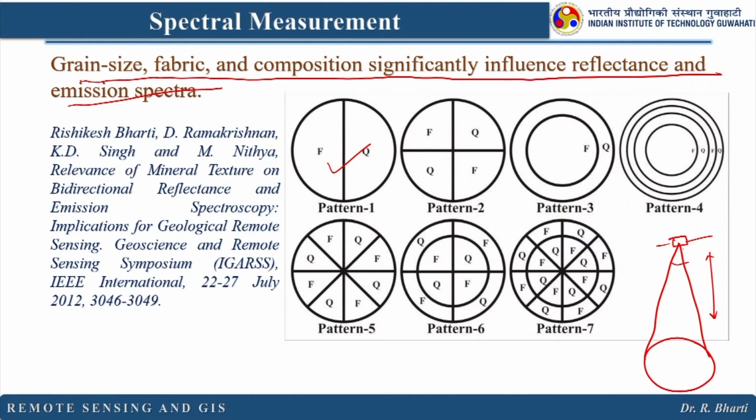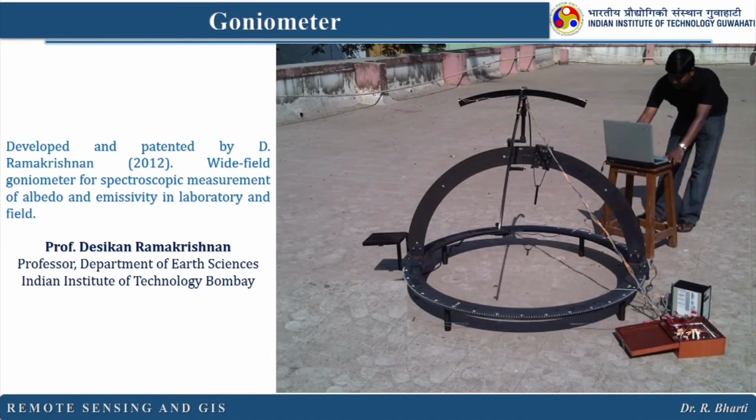Here the total amount of quartz and feldspar was the same, only their arrangement was changed, right. For this purpose we have used a goniometer, which was developed and patented by Professor D. Ramakrishnan, a professor in the Department of Earth Sciences, IIT Bombay.